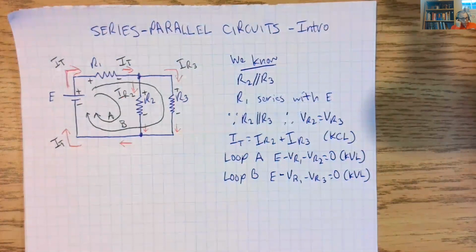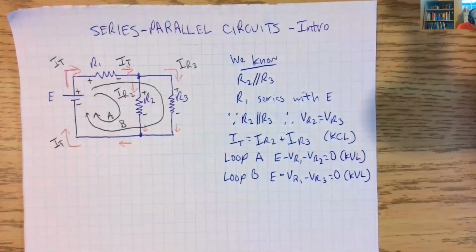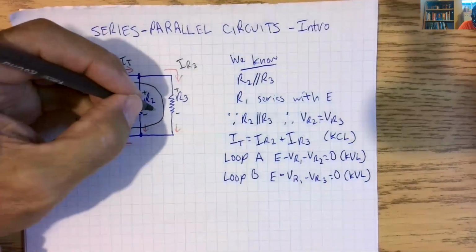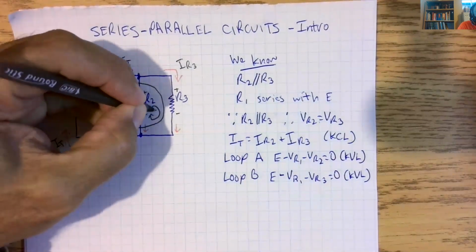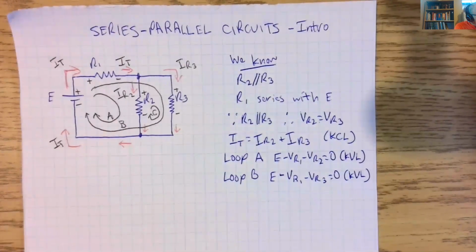Now, there's a third loop here. It may seem obvious, but we're going to say it anyways. There's a third loop, and it's here. This is loop C. So not every loop needs to have a power supply connected to it.